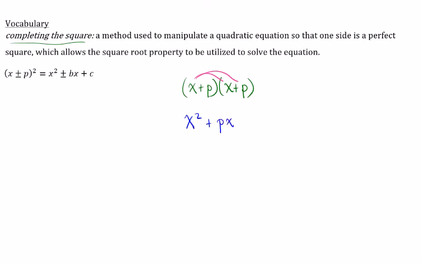Usually put the number in front, so p. p is the constant, so we'll put that in front. Then we'll have another px. And then we'll have p times p, which is p squared. Okay? And so when I combine like terms, I'm going to get x squared plus 2px plus p squared.